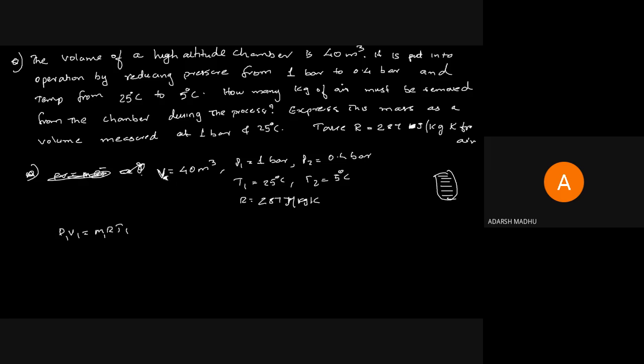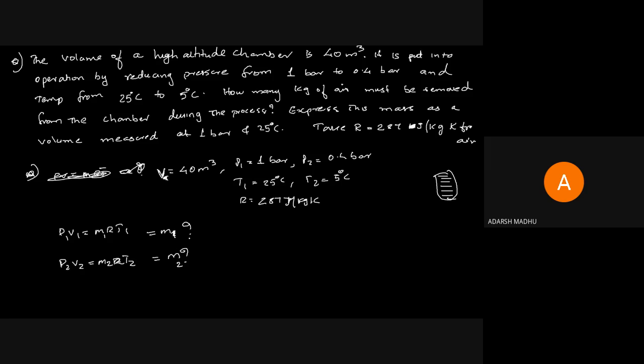Volume is 40 meter cube, P1 is given, R is a constant, T1 is given, so we can find the initial mass M1. For the second condition, P2 is given, V2 is 40 meter cube itself, M2 is unknown, R is constant, T2 is given, so we find M2. Then M1 minus M2 gives the removed mass.